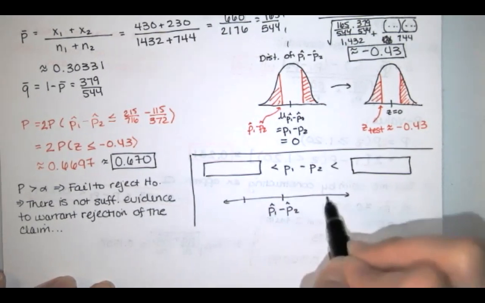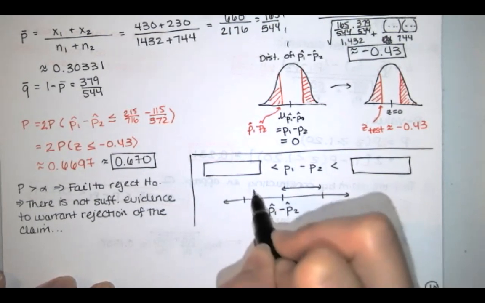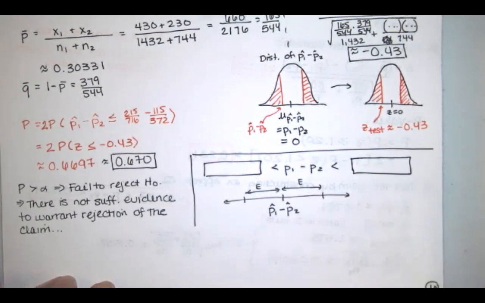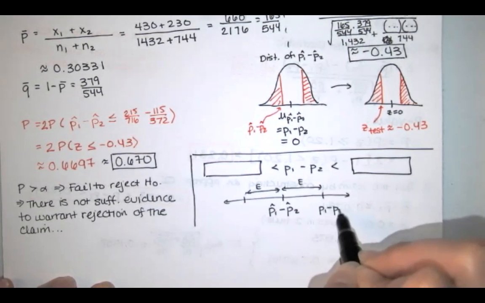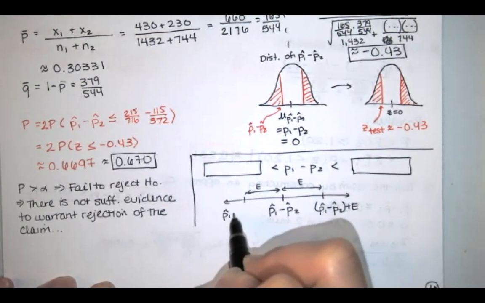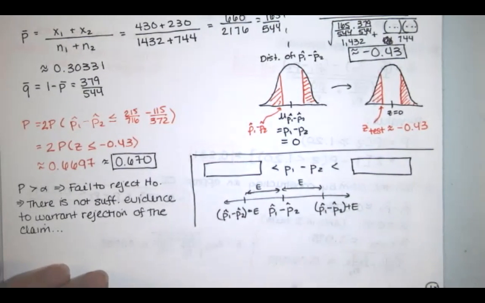And then we want to add and subtract the margin of error E. That distance from there to there is E, and that distance from there to there is E. So this is P1 hat minus P2 hat plus the error, and this is P1 hat minus P2 hat minus the error. So this is our upper limit, that goes there, and this is our lower limit, that goes there.